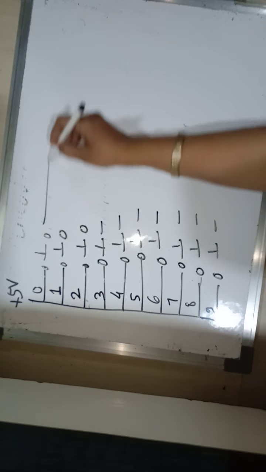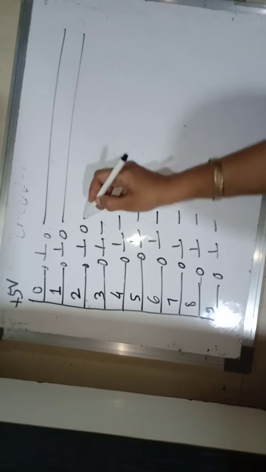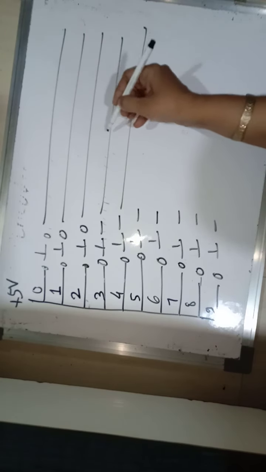It has the lines here. Then we have 4 OR gates. Each OR gate has the name A, B, C and D. This is your LSB and this is your MSB.